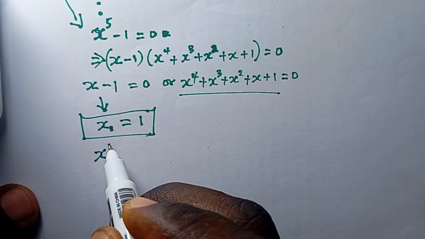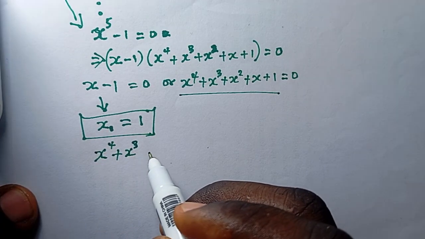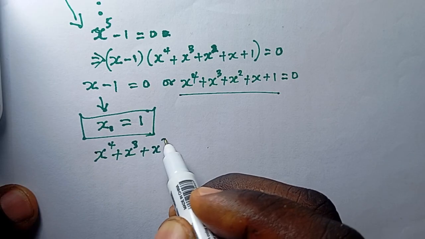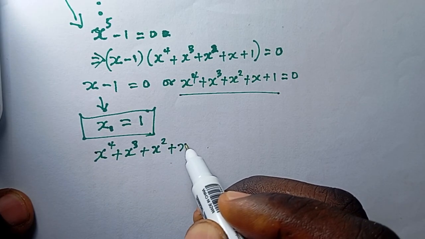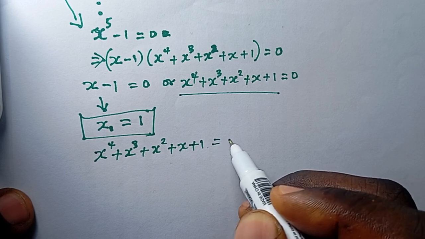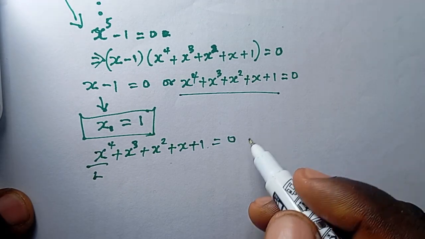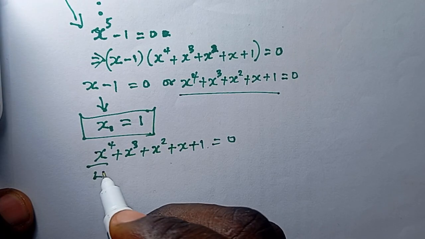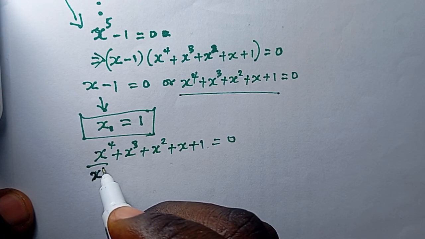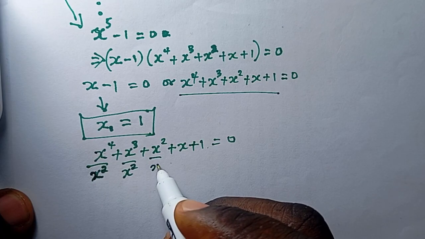So what we have there is x power 4 plus x power 3 plus x power 2 plus x, and then plus 1 is equal to 0. So what I'm going to do is just to go ahead and divide through by x power 2.